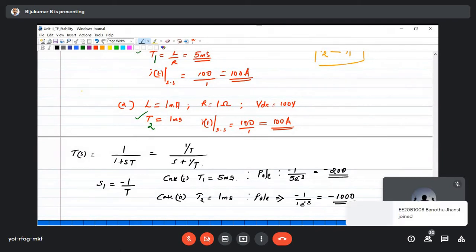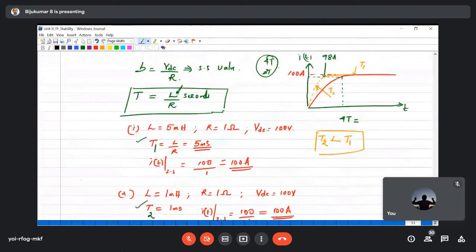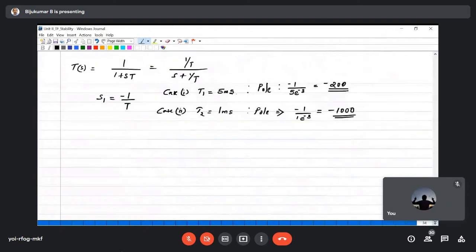So what is the conclusion, or what is the observation from this? Day before yesterday, we have seen that the pole which is closer to the imaginary axis, or the pole which is closer to the origin, is dominating the output response, right?